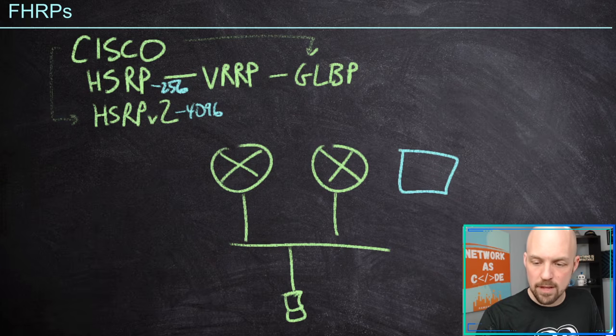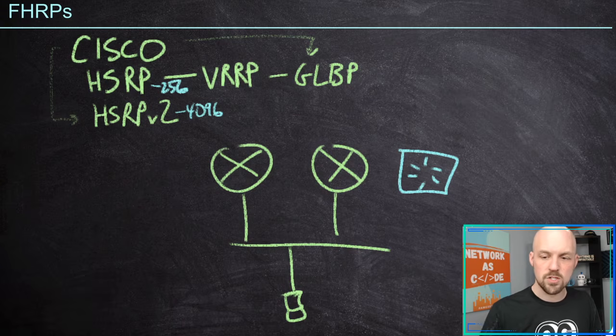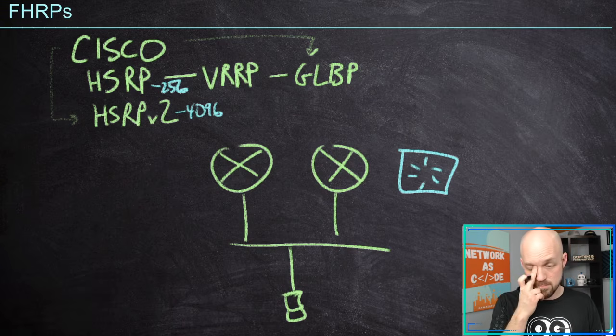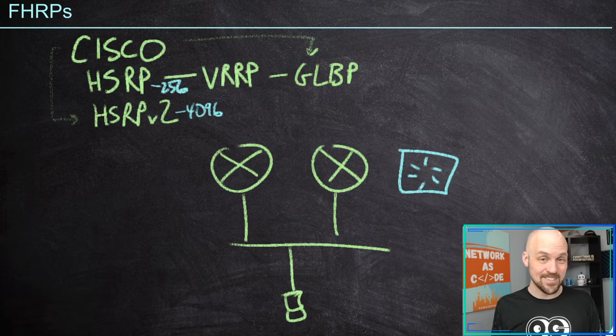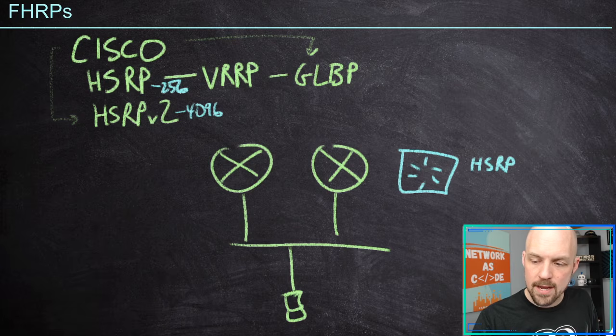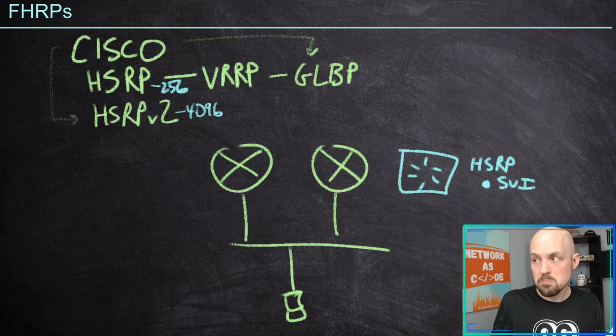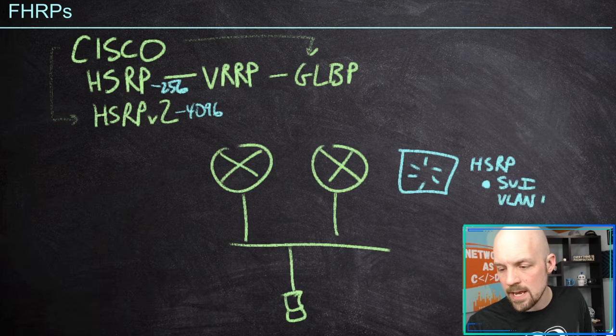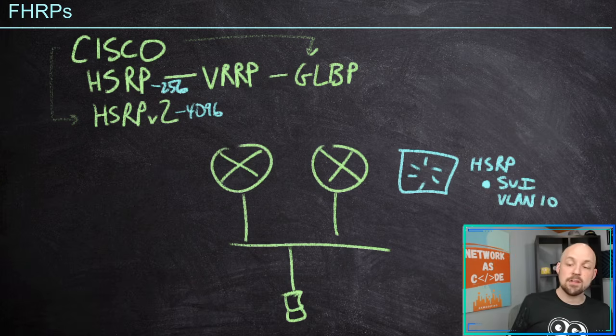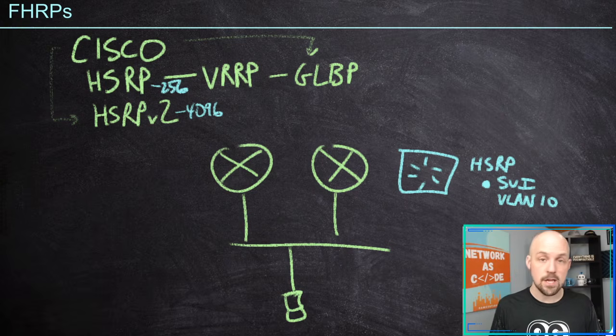if I have a multi-layer switch, I'm trying to think of how to draw this multi-layer switch. I'm not great with my network symbols sometimes. If I have a multi-layer switch and I'm running HSRP on an SVI, switch virtual interface, this is a VLAN interface. And what do VLAN interfaces have? They have a VLAN ID. So maybe this is the VLAN 10 interface. If I'm going to configure an HSRP group on the VLAN 10 interface, what group ID do you think I'd like to use?